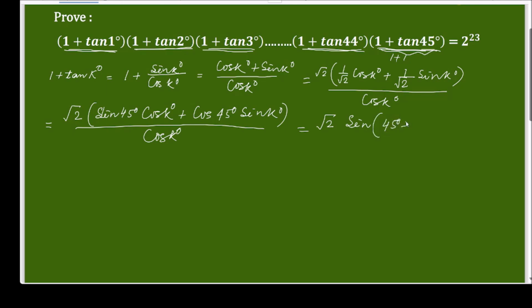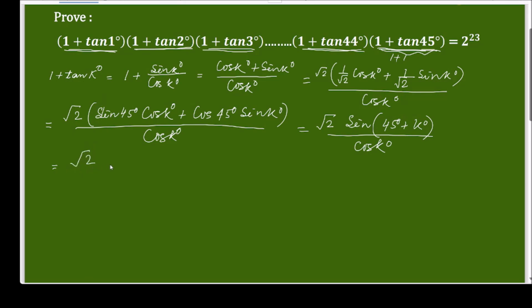So this will be root 2 sine of 45 degree plus k, because we know that sine a cos b plus cos a sine b is equal to sine a plus b. In the next step, again I'll try to get a cos function from the sine function. How to do it?